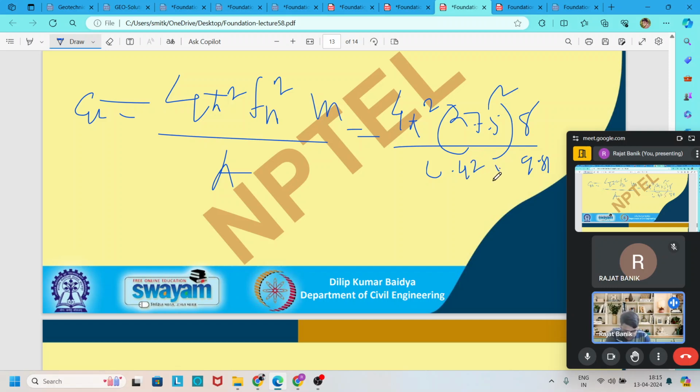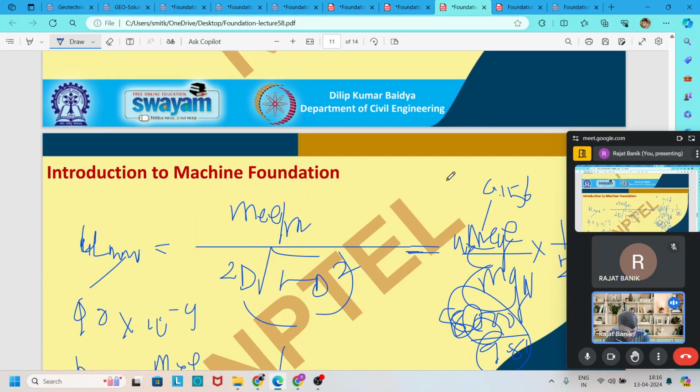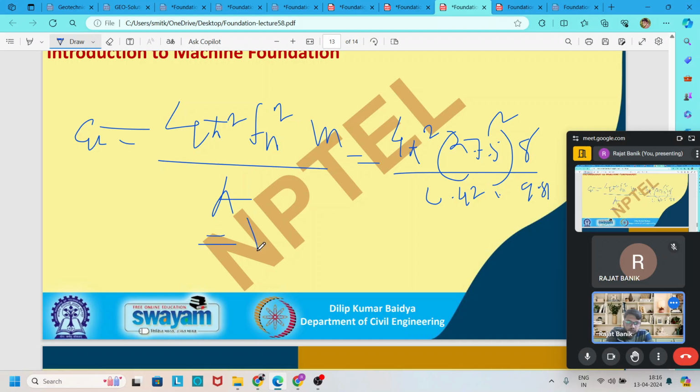So the answer is 4 into 3.14 square into 27.5 square into 8, divided by 9.81, 0.4 square, which is equal to 52014.72 kilonewton per meter cube.